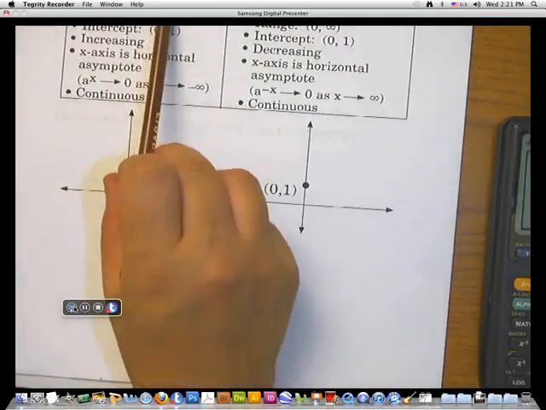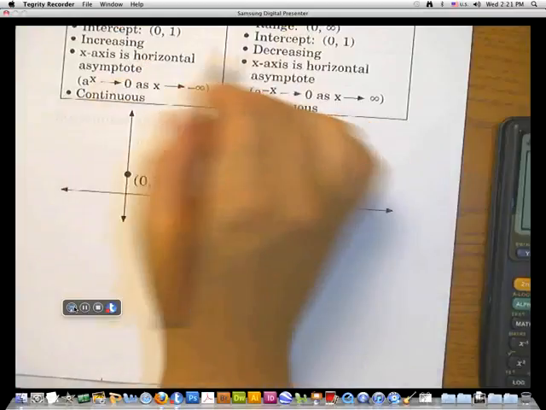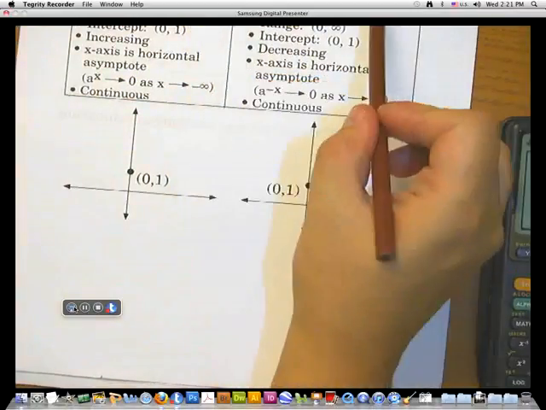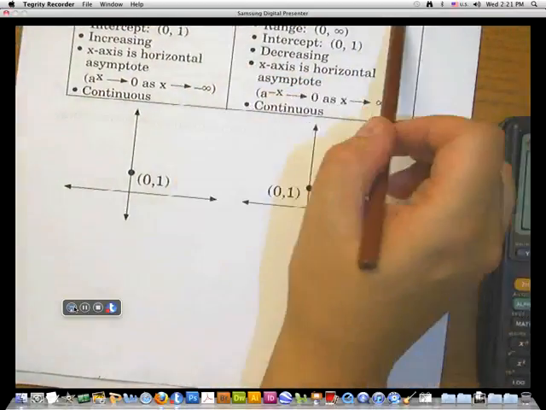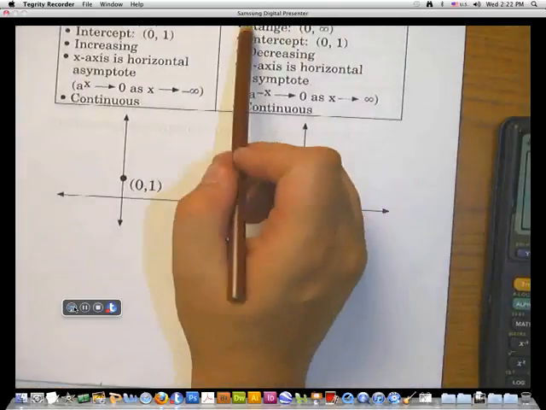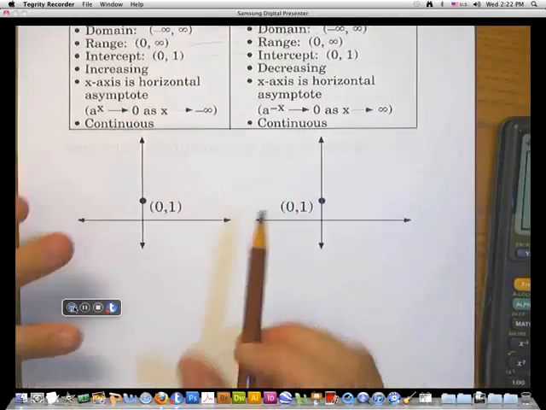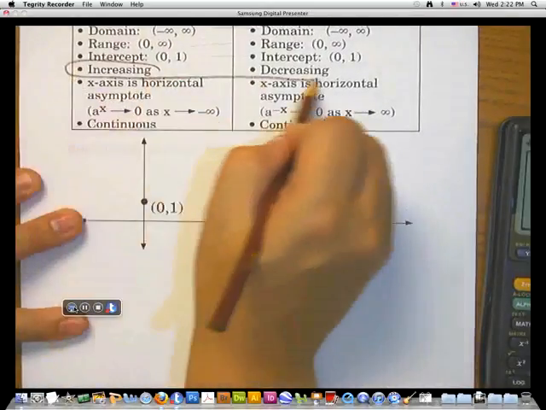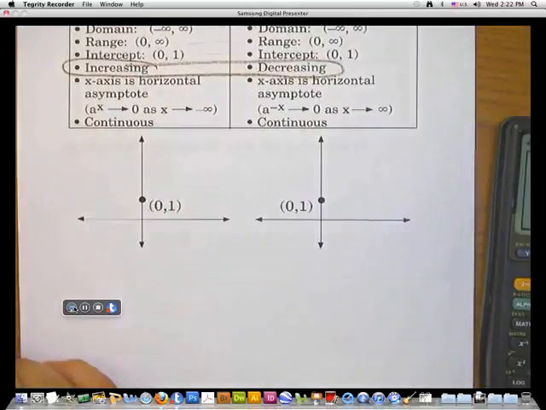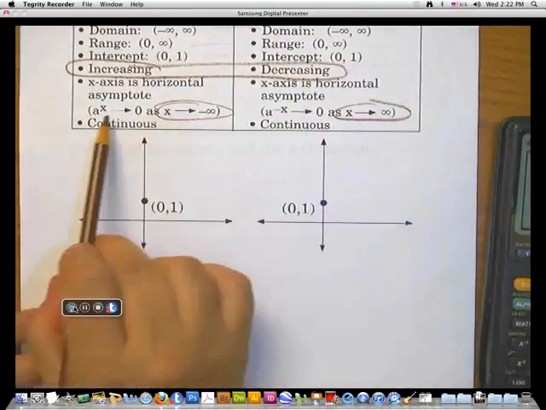If the graph is a to the x and x is positive, that's really the difference between these two scenarios. X is positive and x is negative, because in both situations the a is greater than 1. Notice the domain is the same, the range is the same, the intercept is the same. What changes is the increasing and decreasing, and what changes is where does it approach.